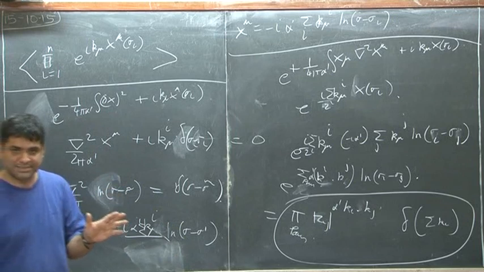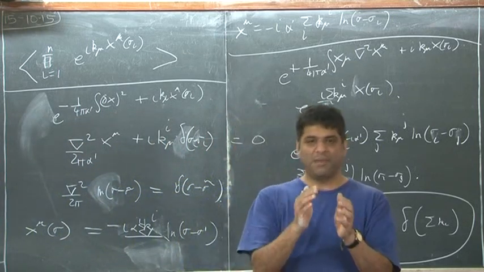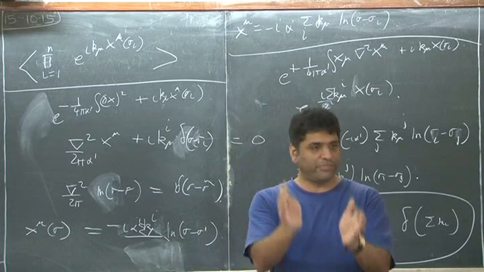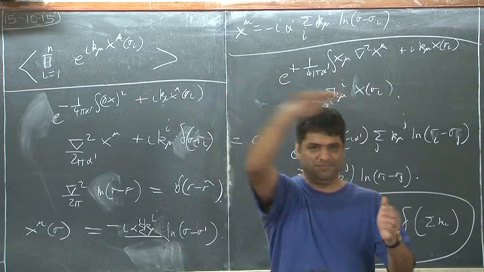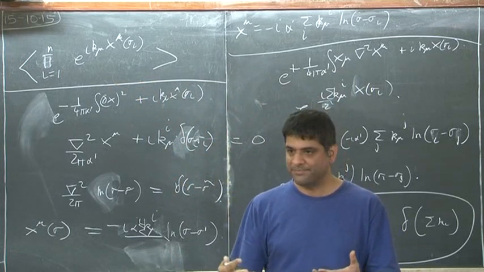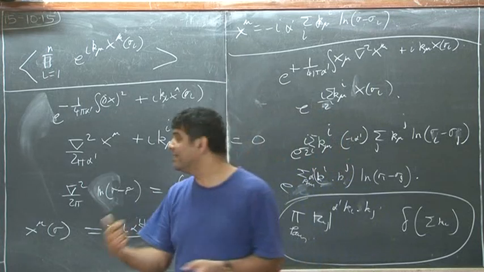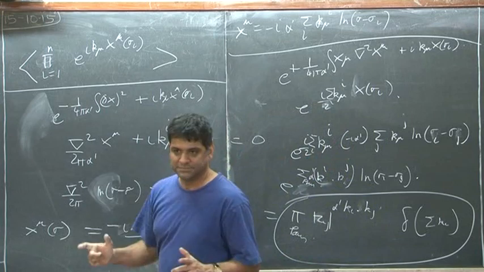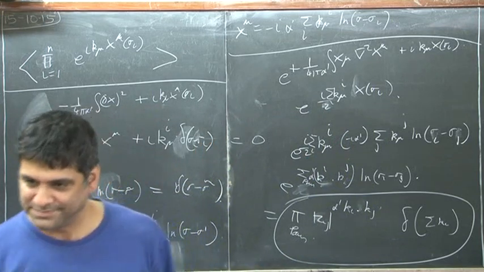The rule that we reviewed last class is that if you've got insertions downstairs, you have to replace them by what value they take on the solution to the equation of motion, on the saddle point, plus fluctuation fields whose contraction is governed by ignoring the source term. Those fluctuation fields are just fluctuations of the x's, ignoring the sources.